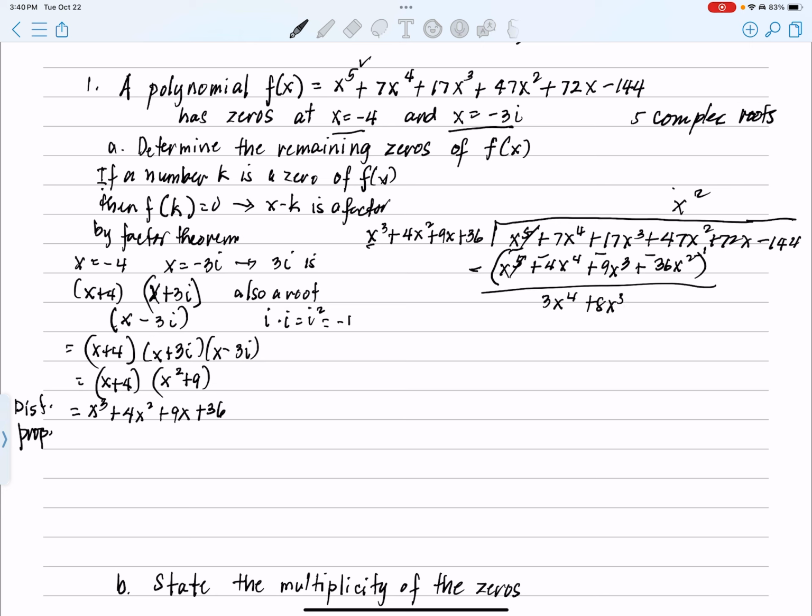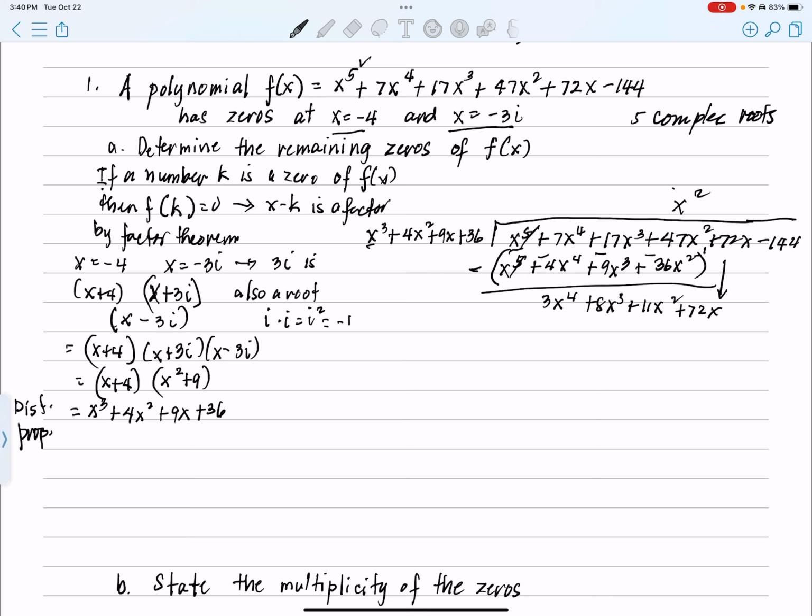And then 47 minus 36 is 11x squared. Bring down 72x for your fourth term, because our divisor has 4 terms.